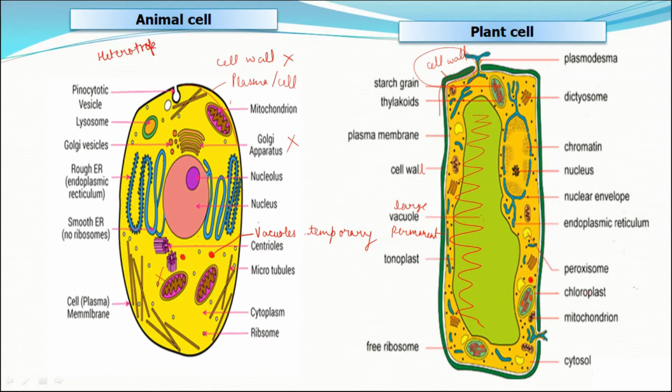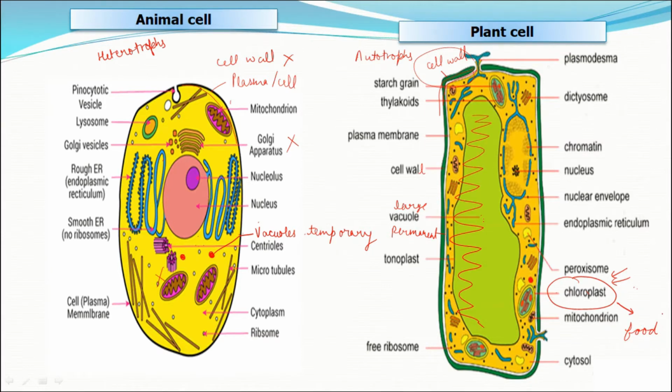Heterotrophs means they are directly or indirectly dependent on the plants for their food. But plants are autotrophs, which are capable of producing their own food. And for producing their own food, they need a special structure which is known as the chloroplast, which is capable of trapping sunlight and utilizing it in the production of food.